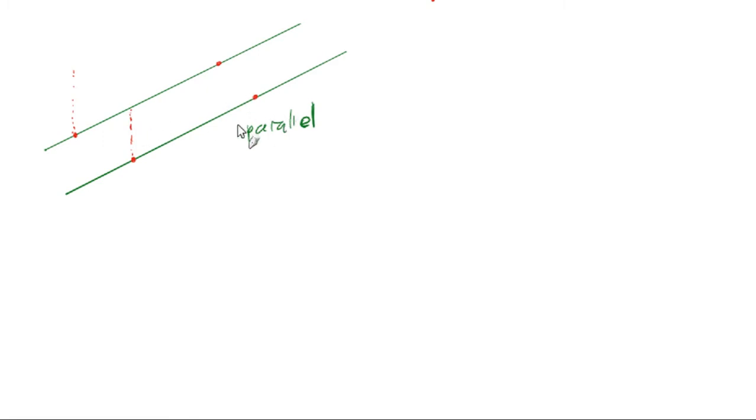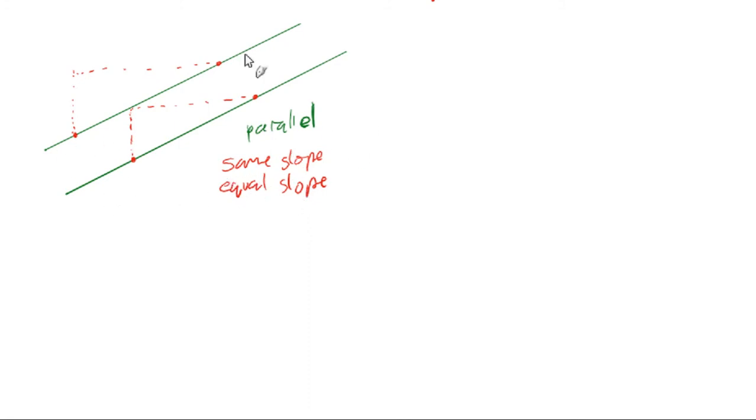We'd go up the same. And then we'd go over this much and go over just the same amount. Parallel lines would have the same slope or equal slope. Okay, lines are parallel, slopes are the same or equal.